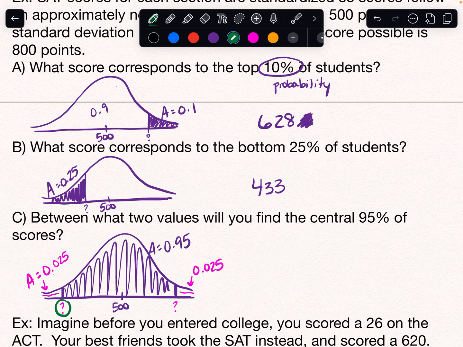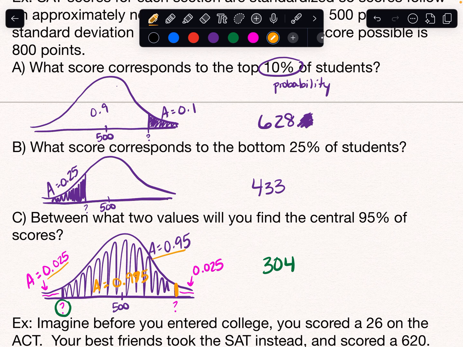I get out 304, basically exactly. But for the data value on the right, the area to the left of that mark is a combination of this 0.95 and the 0.025, because that's everything to the left of it. So the area I want to use is 0.975. Oh, I wrote that wrong. Sorry, that's messy.